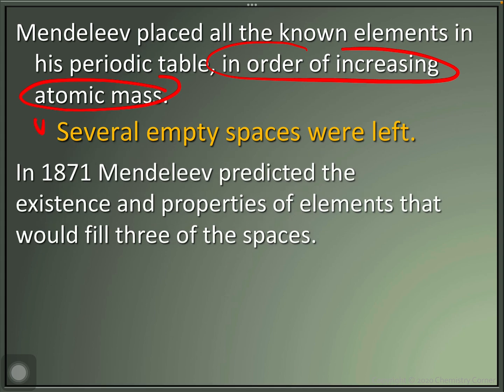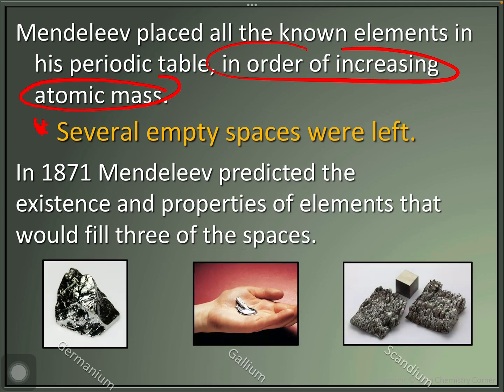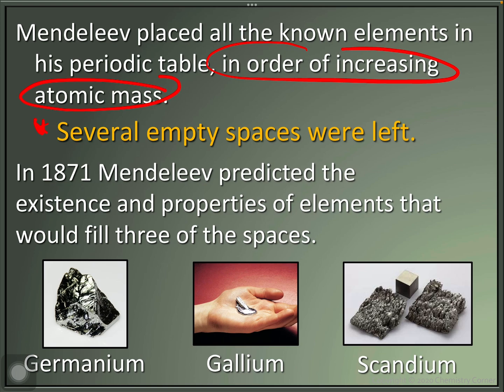So like it says here at the beginning, the periodic table wasn't fully completed. There was a lot of space left because obviously not all the elements had been found. But it was a pretty good rough draft of what it should look like. And eventually, as people found elements, they continued to add more and more to it, and it became what it is today. So here you can see germanium, gallium, and scandium.